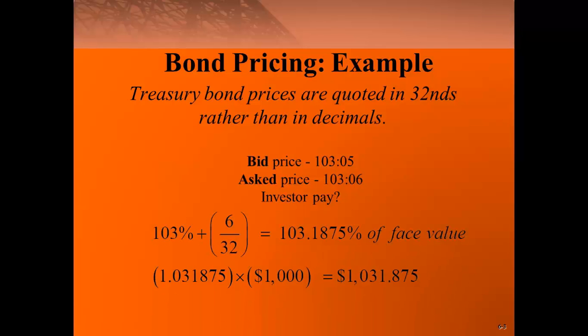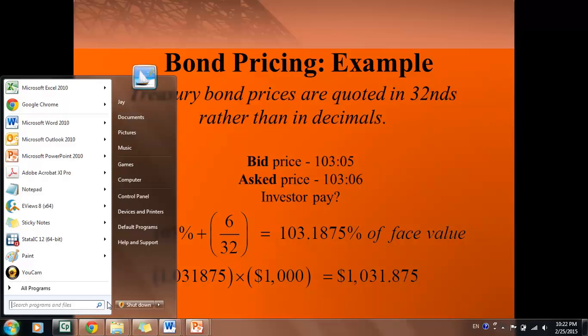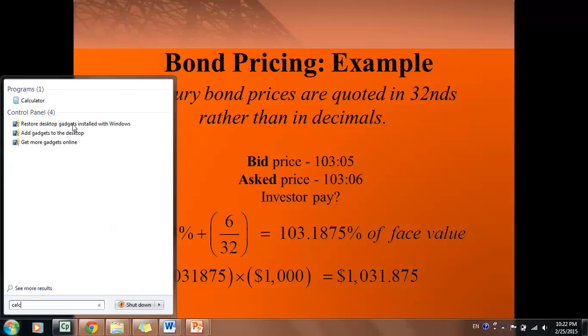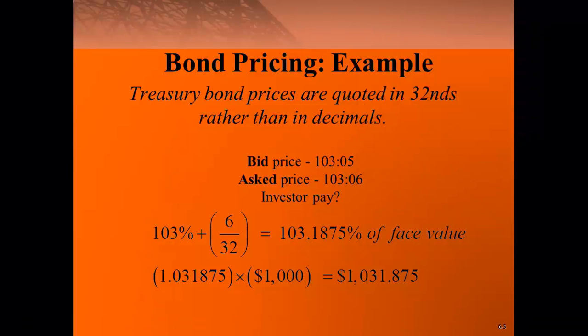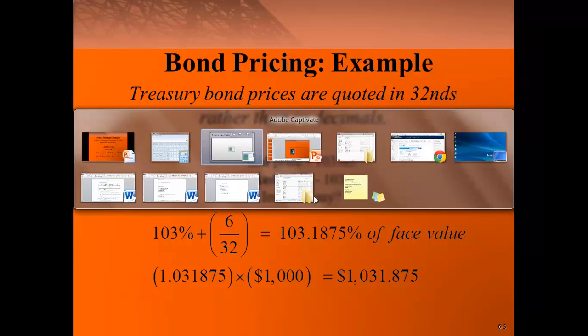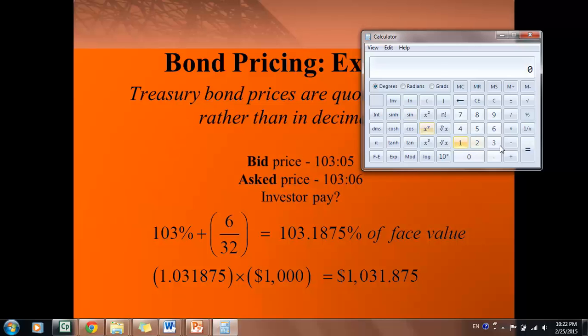Now, the price is 103% of the face value plus 6/32. Let's launch a calculator. Using a calculator, 6 divided by 32 is 0.1875.